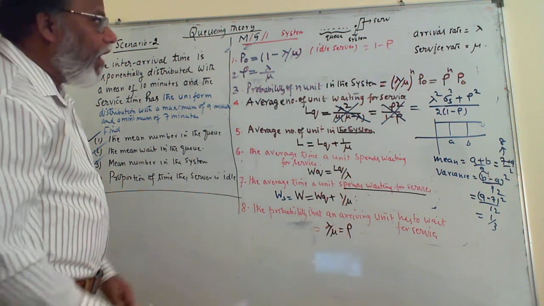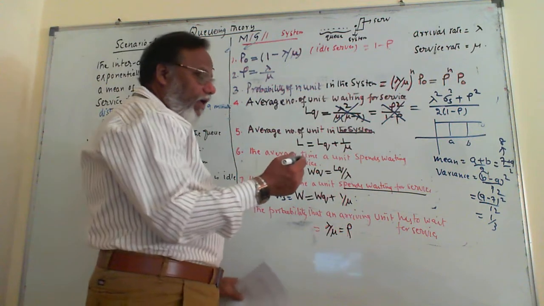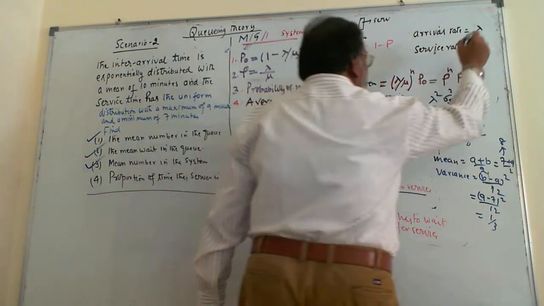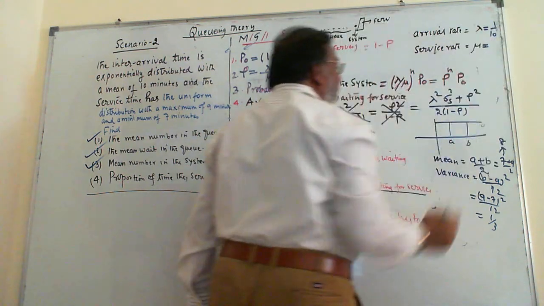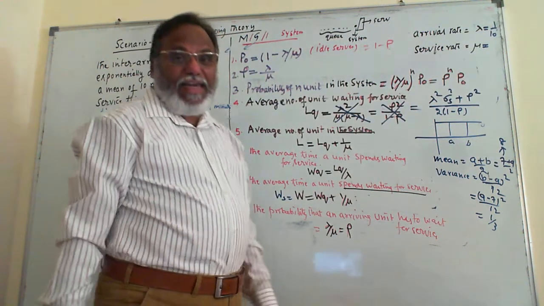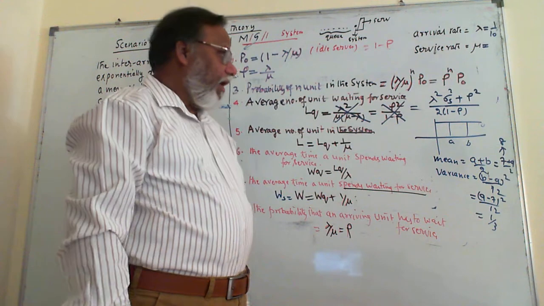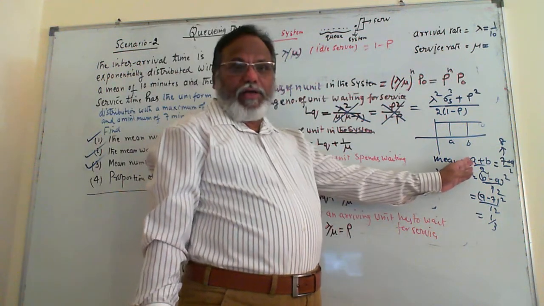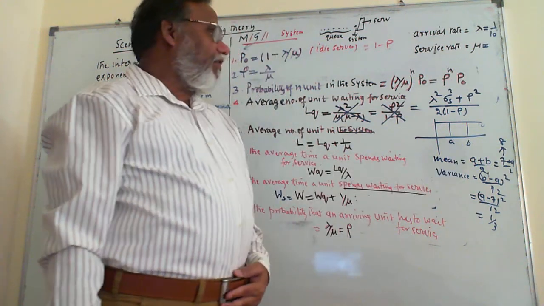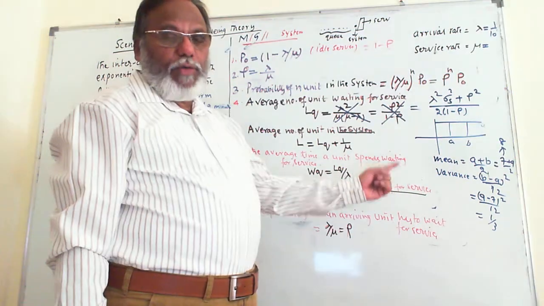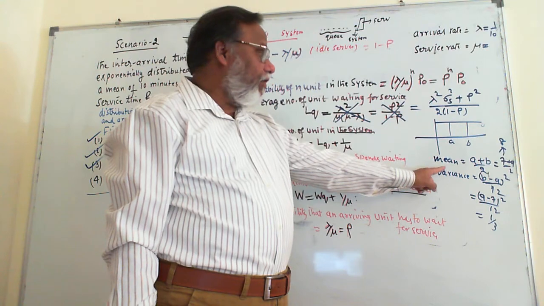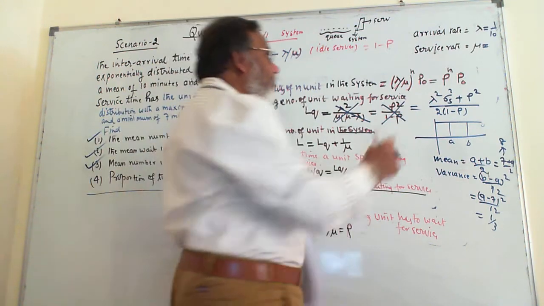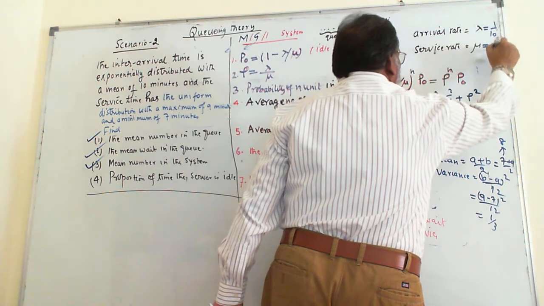What we already have is lambda equal to 1/10. Now what is my service rate? The mean service time is 8, so mu, the service rate, is 1 over this number, which is 1/8.